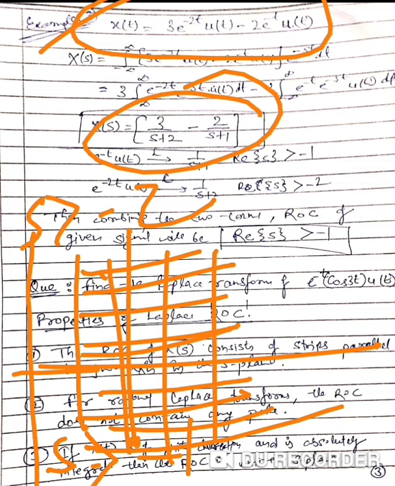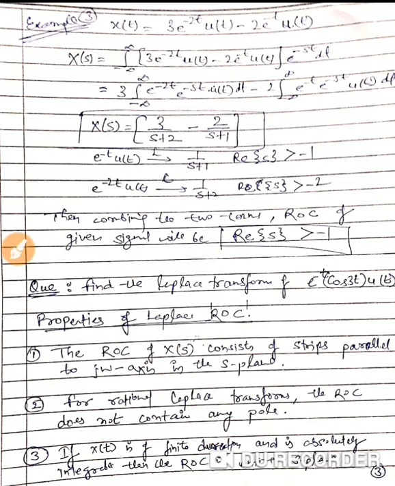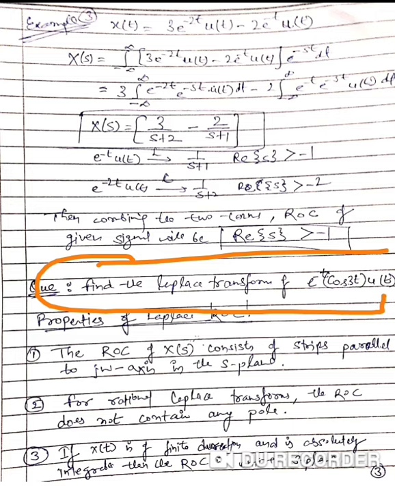Okay, so there is a question for you which you have to solve yourself. Find the Laplace transform of e^(-t) cos(3t) u(t).